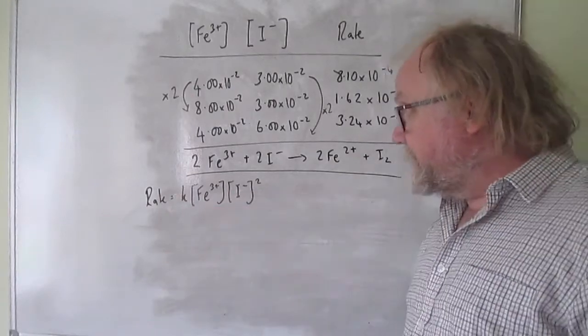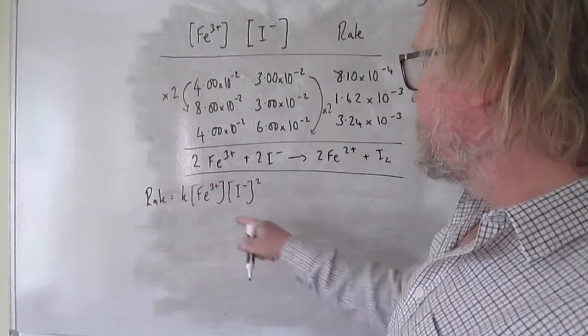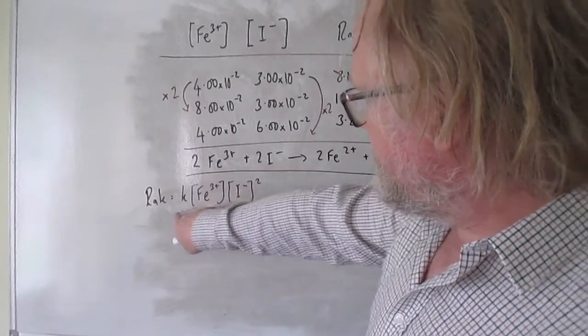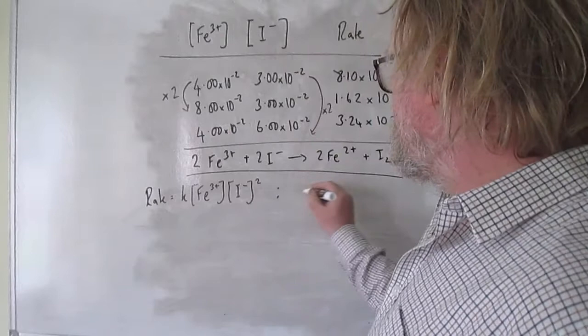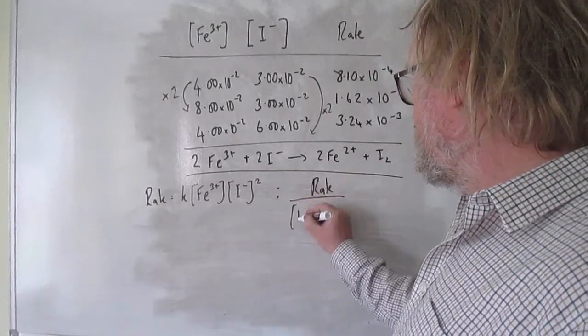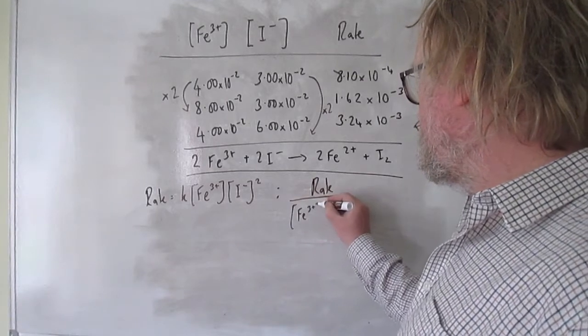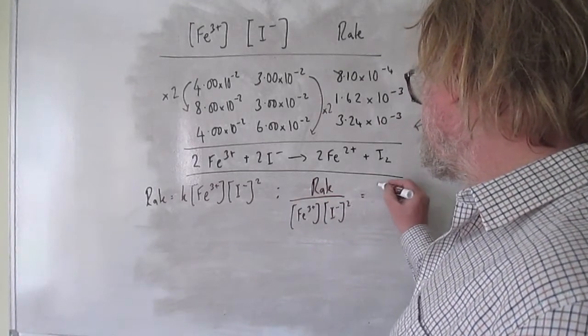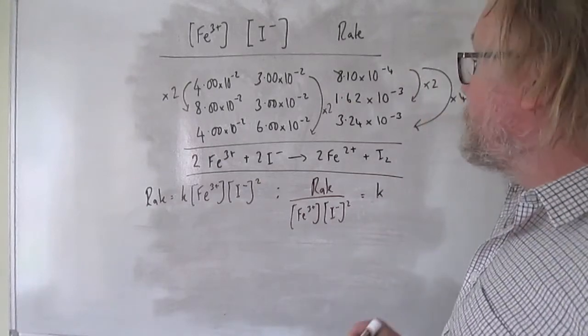So the first job is to rearrange that to get k equals, and obviously that just means that we slide these concentration terms diagonally over to that side and get that rate divided by [Fe3+] and [I-] squared is equal to k. And we can plug those numbers in.